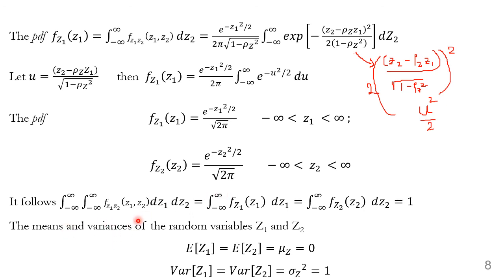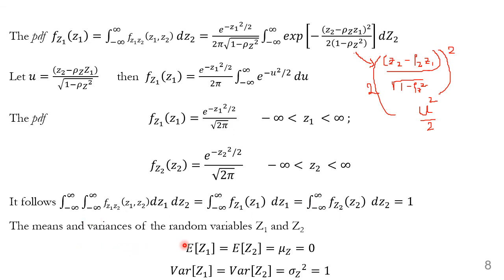So when we simplify this, we get the integral of minus infinity to infinity, integral of minus infinity to infinity, of the PDF integrated with respect to z1 and z2, which will give us the integral of minus infinity to infinity f z1 of z1 dz1. So that is equal to the integral of minus infinity to infinity f z2 of z2 dz2. So when we integrate this term with respect to z1, we get that value as 1.